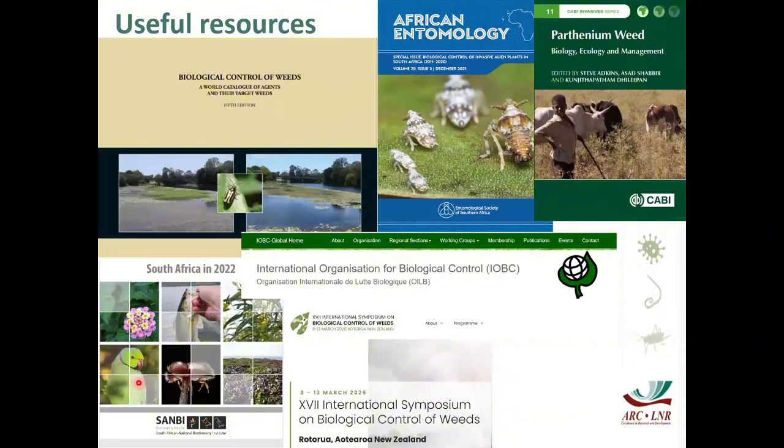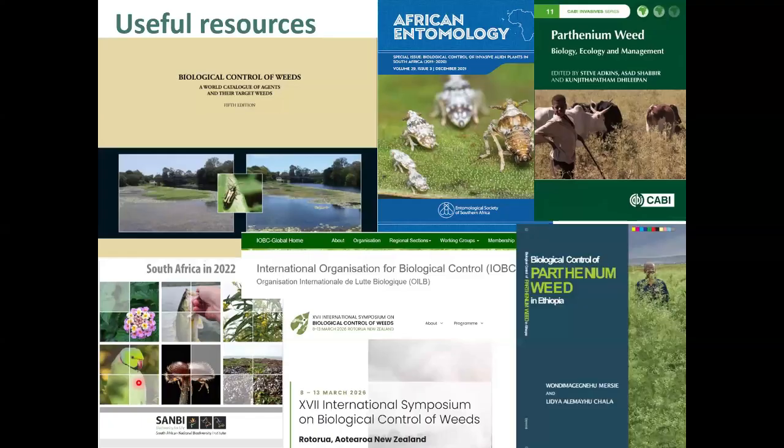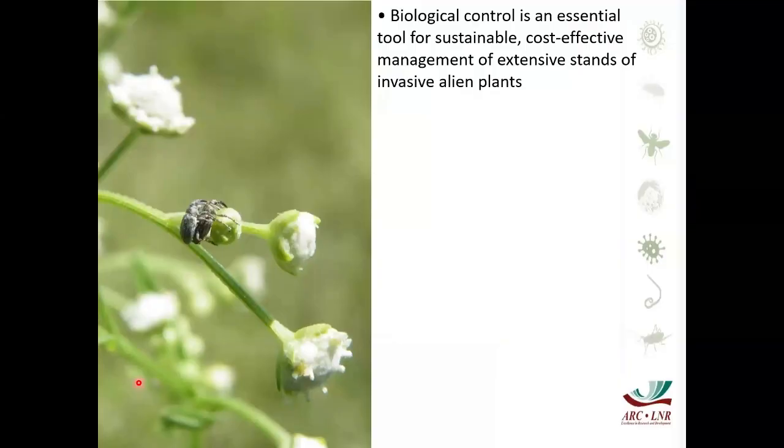It has multi-authored chapters from around the world, and more recently, as an output from the East African project, the biocontrol program on Parthenium in Ethiopia was written up into a book, so that's also a very handy resource for countries that are stepping out into a program of that kind.